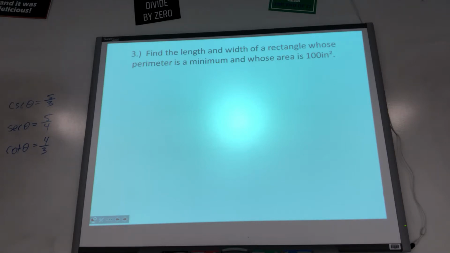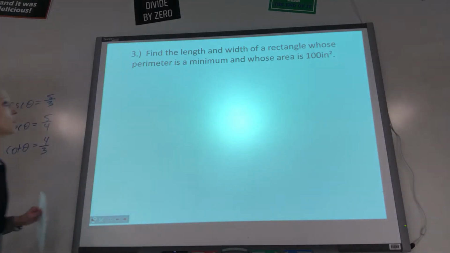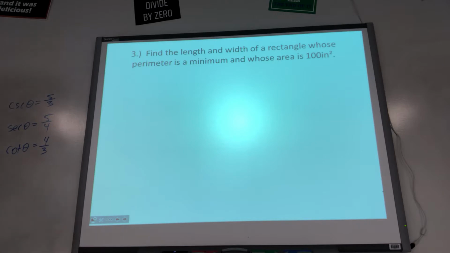Whose perimeter is a minimum and whose area is 100 inches squared.